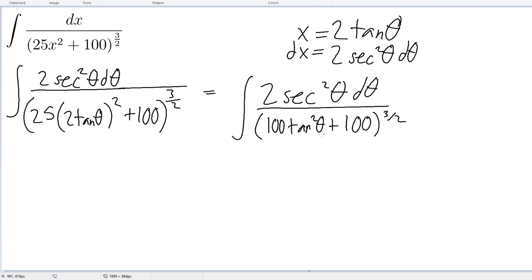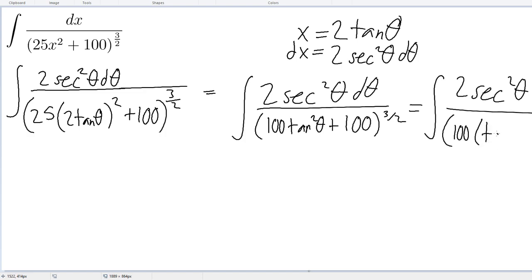So now what? Well, we can definitely factor this out and simplify it even further. So 2 secant square theta d theta, and this is 100 times tan square theta plus 1. What's tangent square theta plus 1?